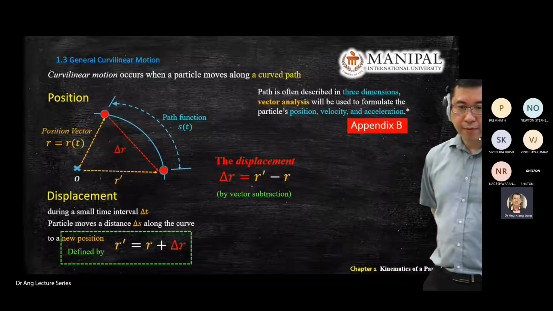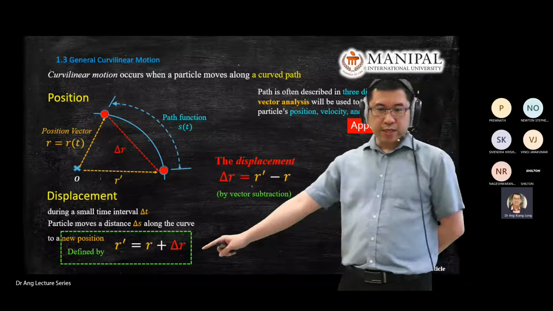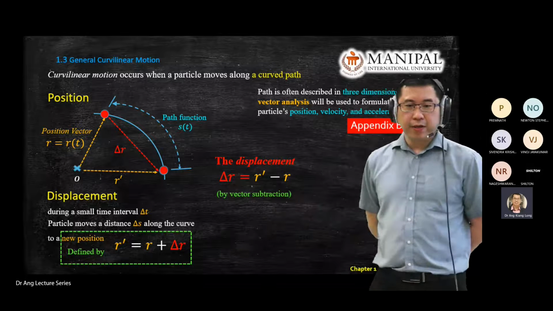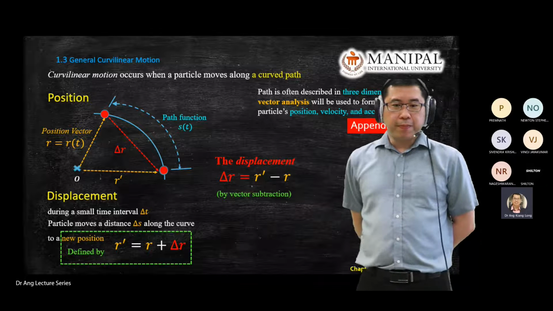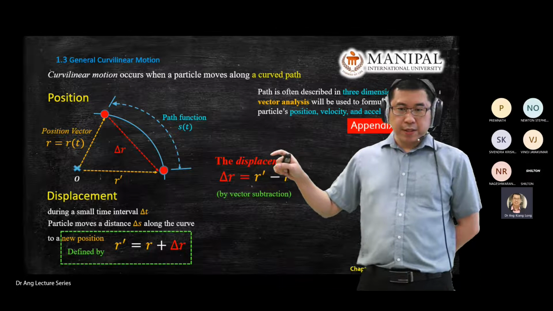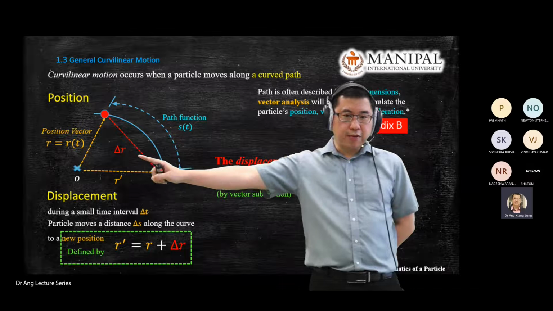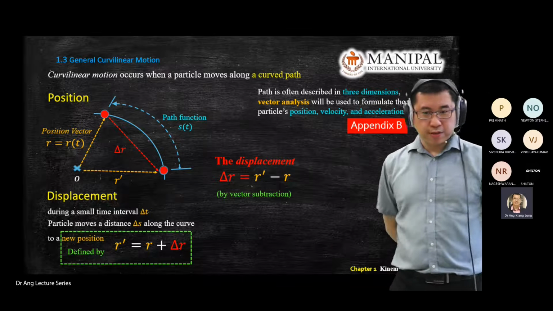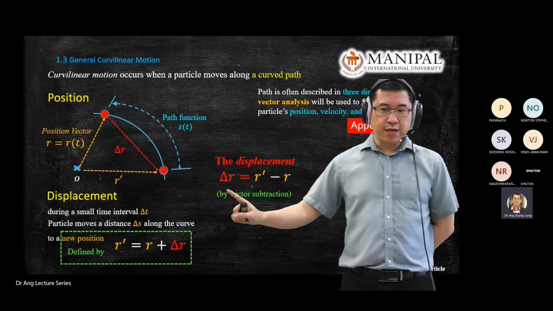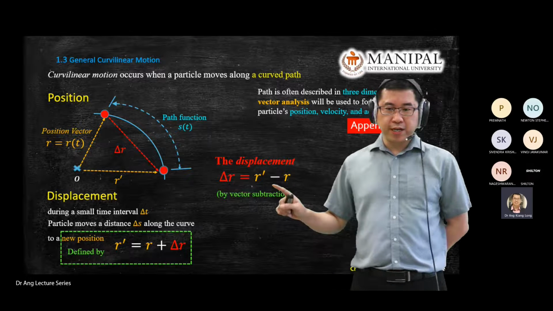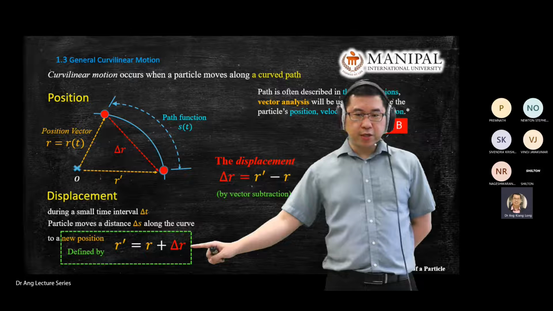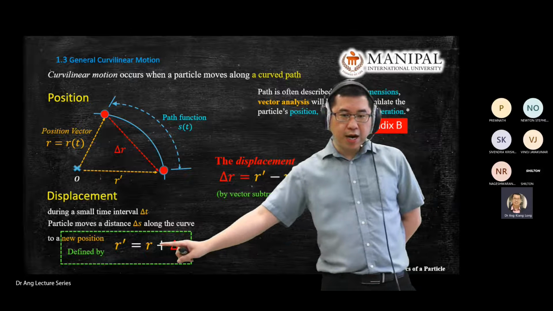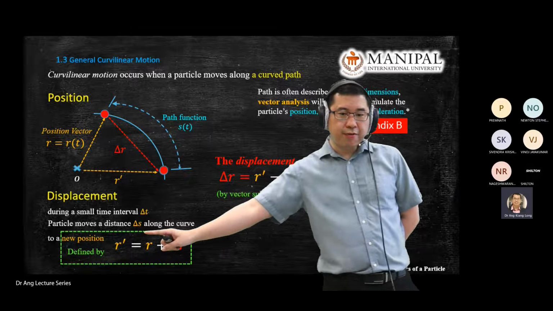Move on. So this is a vector concept. However, when we talk about displacement, delta R is a change of position. We use delta R to define displacement. We use this equation, rearranged. You put your R from the right hand side to the left hand side.